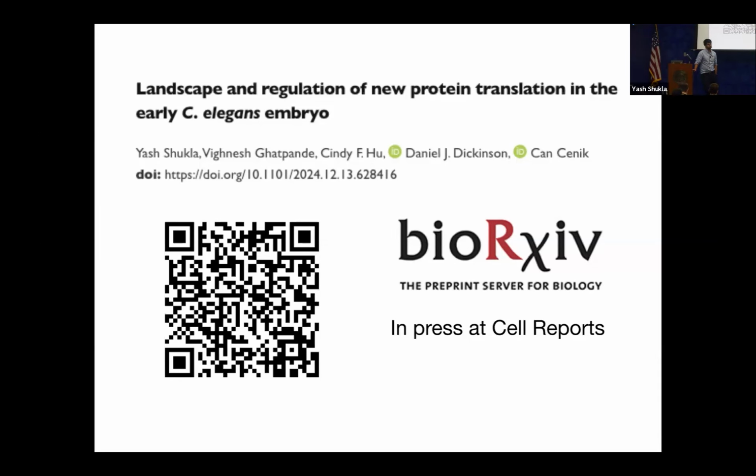So do you know if this process is also not happening, in addition to the lack of transcription? Yeah, from all the other data sets that I've looked at that have done RNA-seq, the RNA amount stays fairly constant from 1 to 4 cell stage, and it's really after that that a lot of degradation starts happening in different cell types. So from the resolution that I have, it seems like it stays fairly stable.